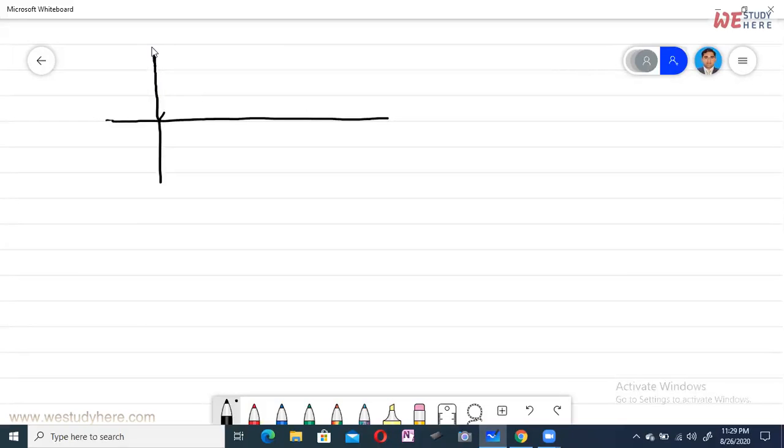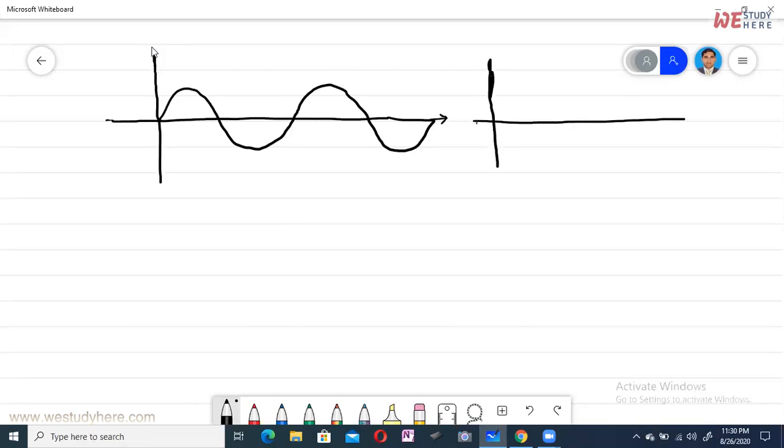The graph of sine was like this, and the graph of cosine, starting from 1, was like this.